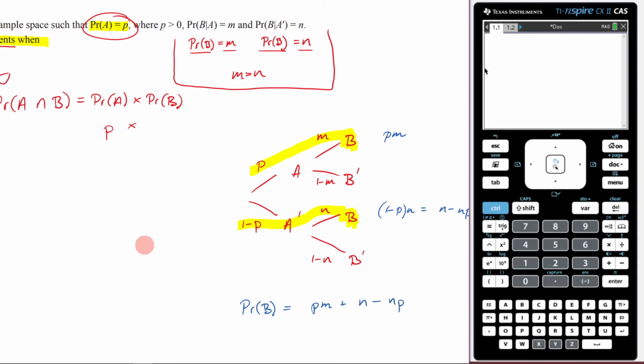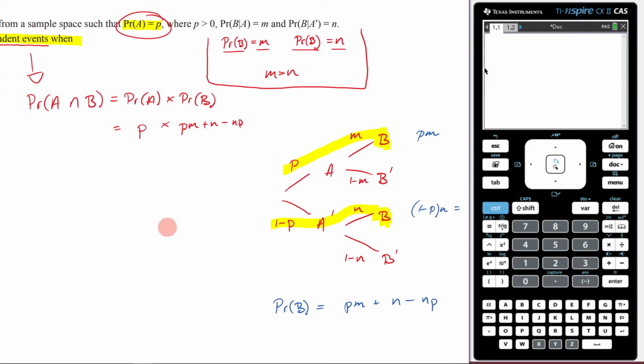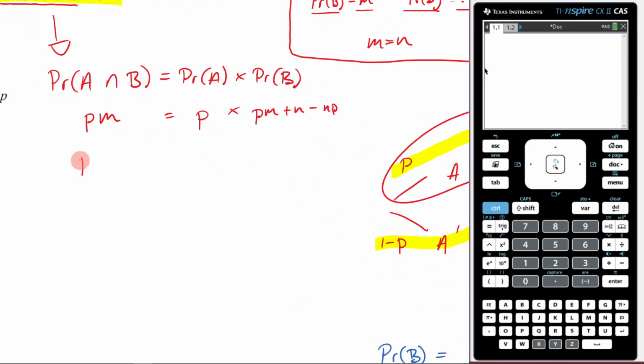Okay, perfect. So now we can come up here and put that in. So this is going to be PM plus N minus NP. And we know that this is going to be equal to the intersection. Now the intersection is just this, PM. Okay, now once we're here, we can say, all right, PM is going to be equal to, now this whole thing is being multiplied, so it's going to be P squared M plus PN, and then I'll get minus P squared N. Okay, what would we do next?